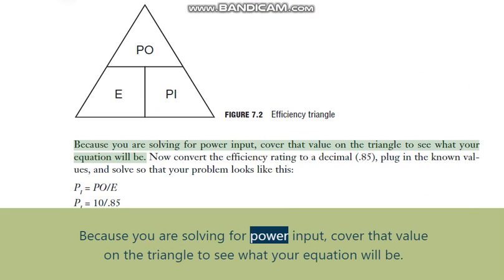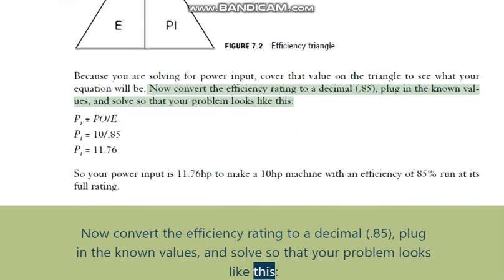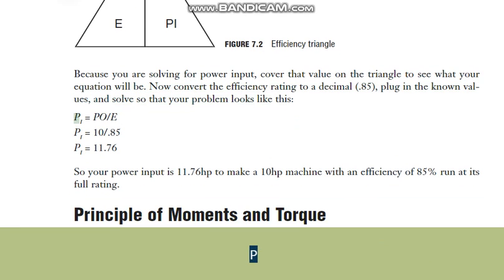Because you are solving for power input, cover that value on the triangle to see what your equation will be. Now convert the efficiency rating to a decimal, 0.85, plug in the known values, and solve so that your problem looks like this. PI equals PO/E. PI equals 10/0.85.